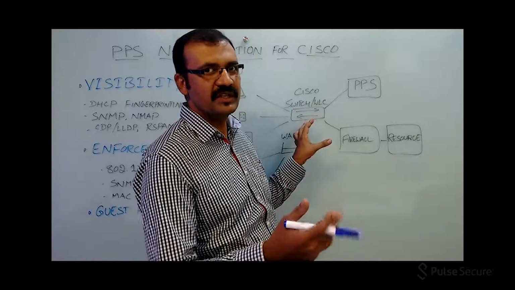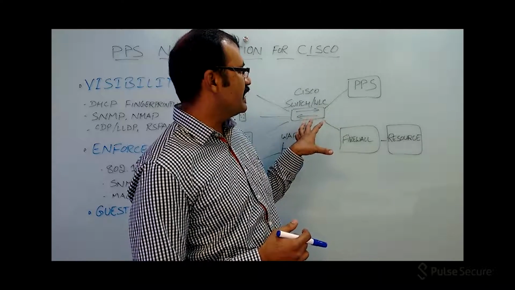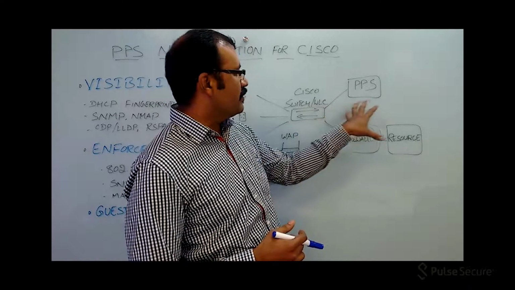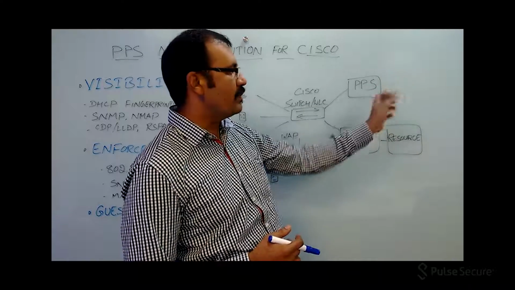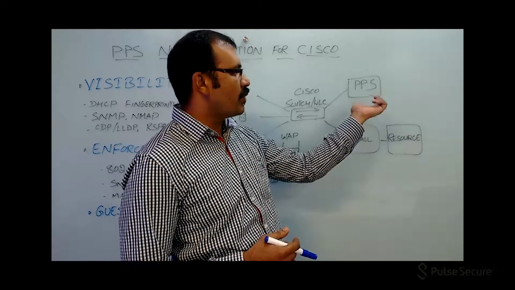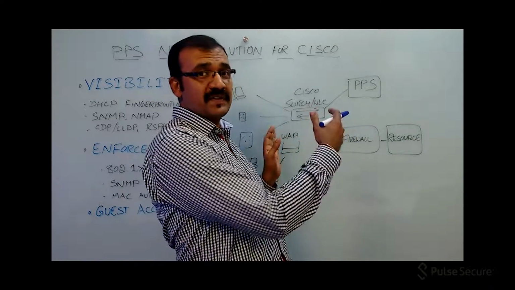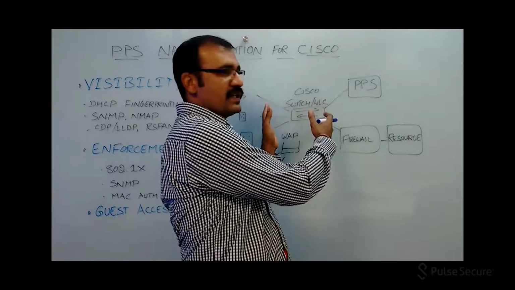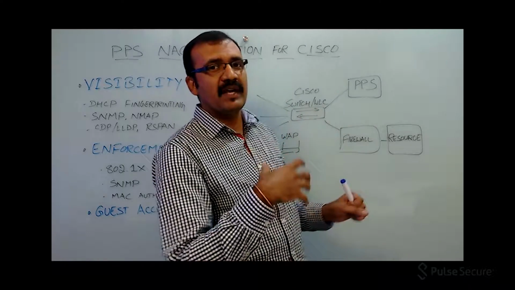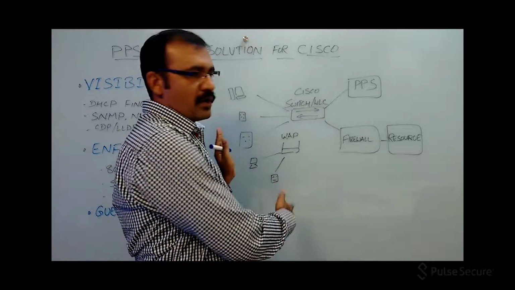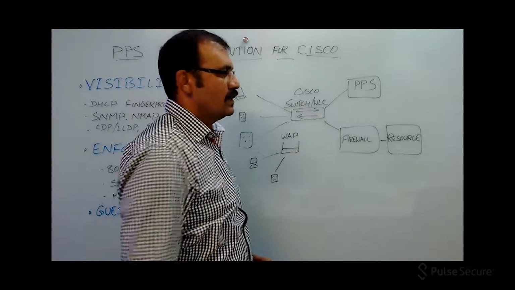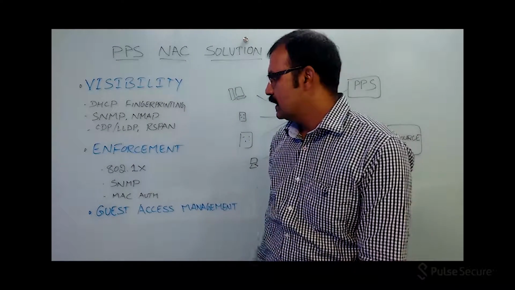Version 1, version 2, version 3 we support, which basically work with the Pulse Policy Secure. Pulse Policy Secure provides manual or auto discovery of such SNMP configured Cisco switches, and then applies its policies in order to control endpoints connected to the Cisco's network.